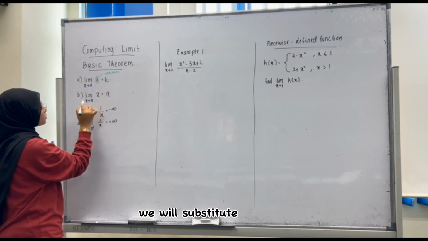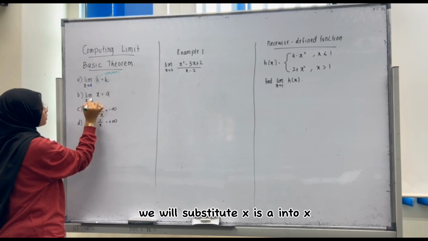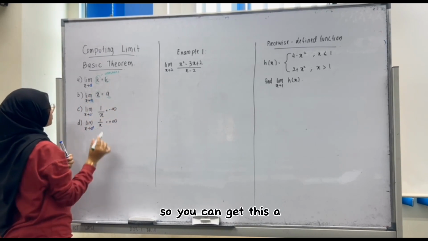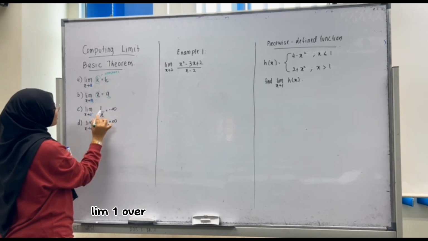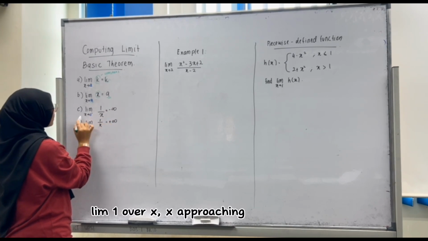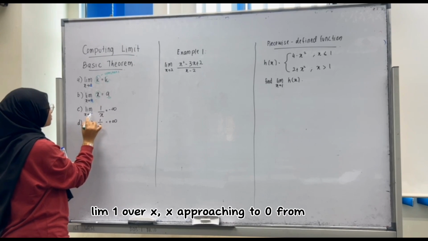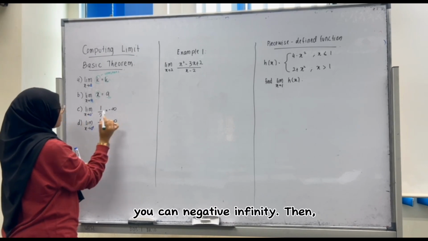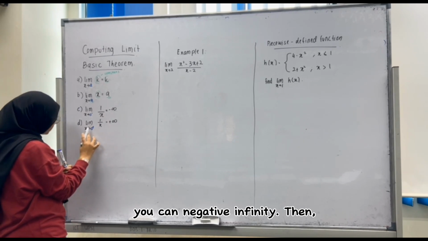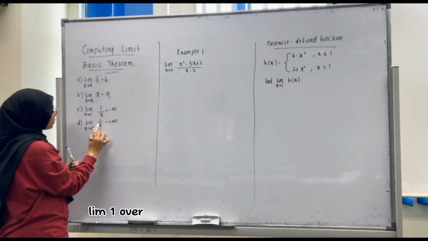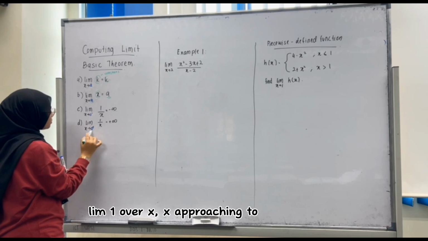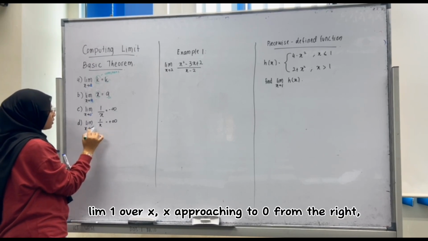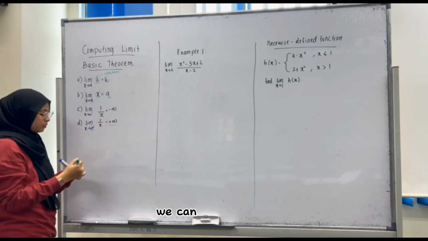We substitute x equal to a into f, so we get a. Limit of 1 over x as x approaches 0 from the left, we get negative infinity. Then, limit of 1 over x as x approaches 0 from the right, we get positive infinity.